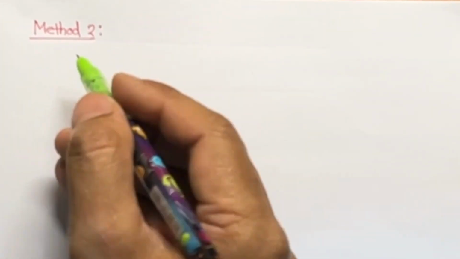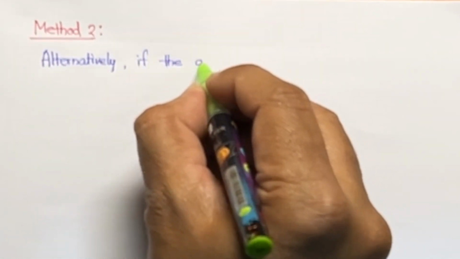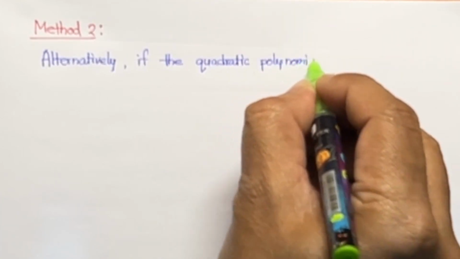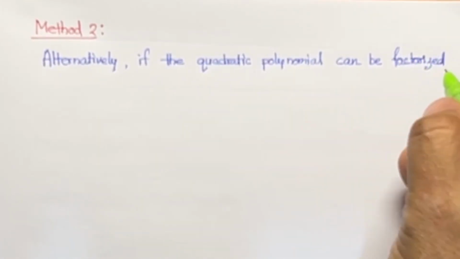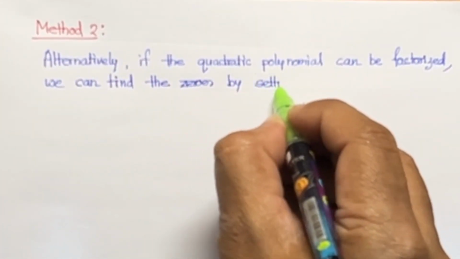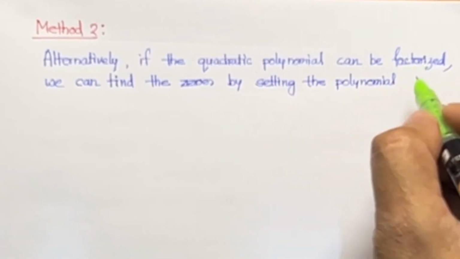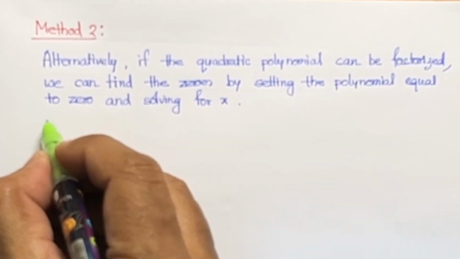Method 2. Alternatively, if the quadratic polynomial can be factorized, we can find the zeros by setting the polynomial equal to 0 and solving for x.